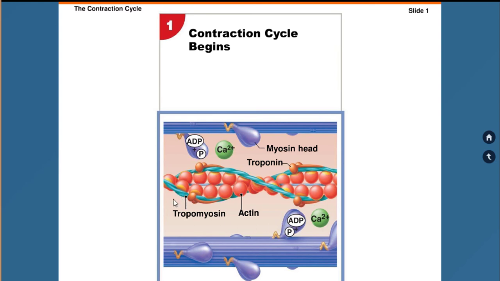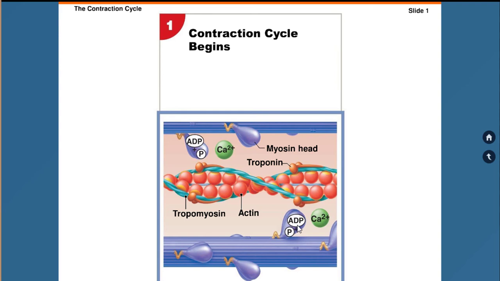Troponin also has a binding site for calcium ions. To initiate muscle contraction, tropomyosin has to expose the myosin binding site on the actin filaments to allow cross bridge formation between the actin and myosin microfilaments.